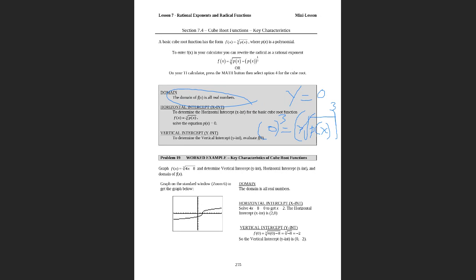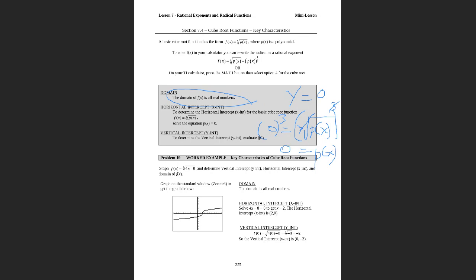What is 0 cubed? So this cancels out. We have 0 equals what? P of x. So it's the same thing to find the horizontal intercept. Now, to find the y-intercept, again, it's the same format. X equals 0, so you put x equals 0 into the function, and then you get your y-intercept.